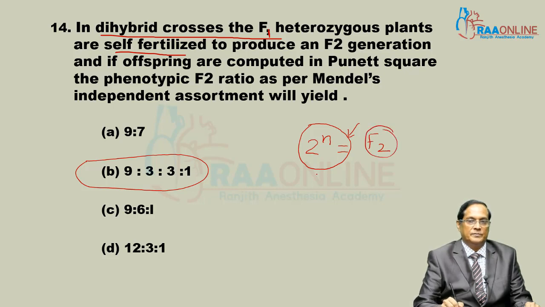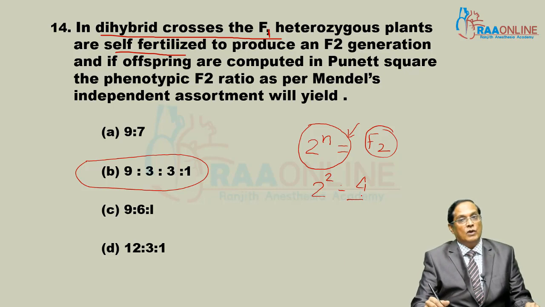If this cross is a dihybrid cross, then the value of n is 2, that is, 4 types of phenotypes are obtained. But in what proportion?